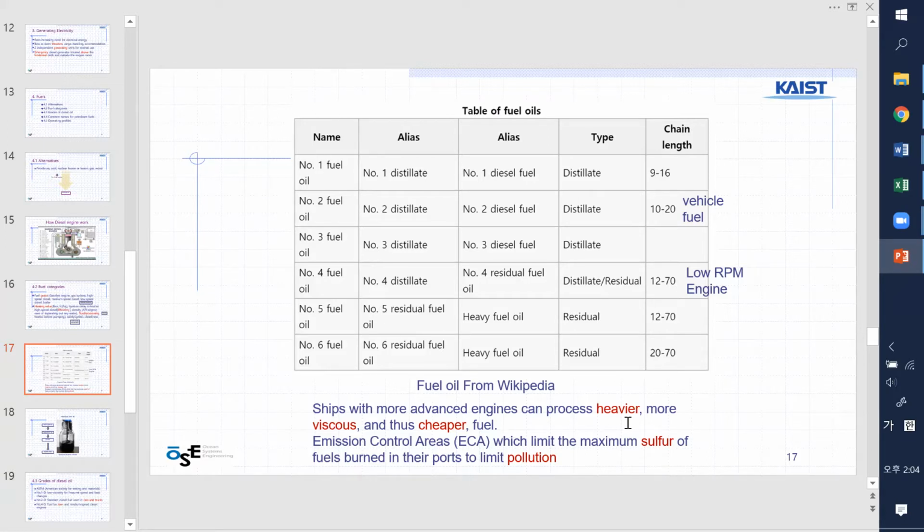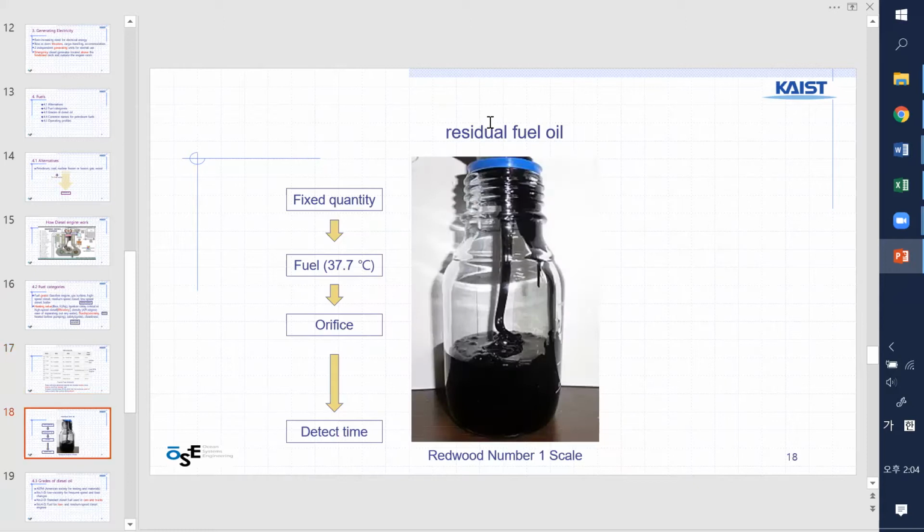Wikipedia has more on this, so if you have time, you can see. And residual fuel oil is very sticky and dark in color. So Redwood number 1 scale. This is used for low speed, big diesel engines.